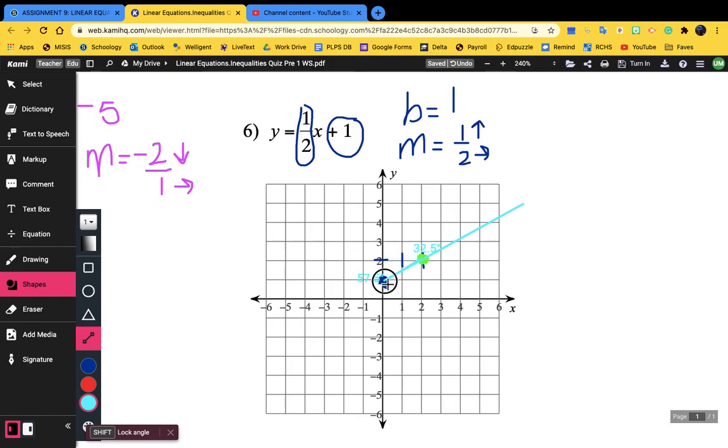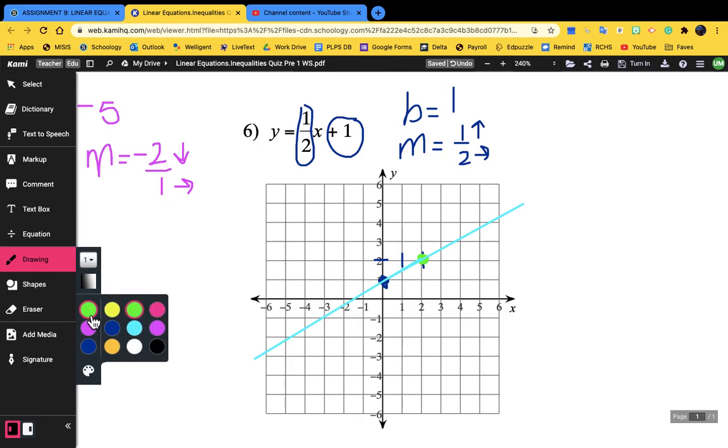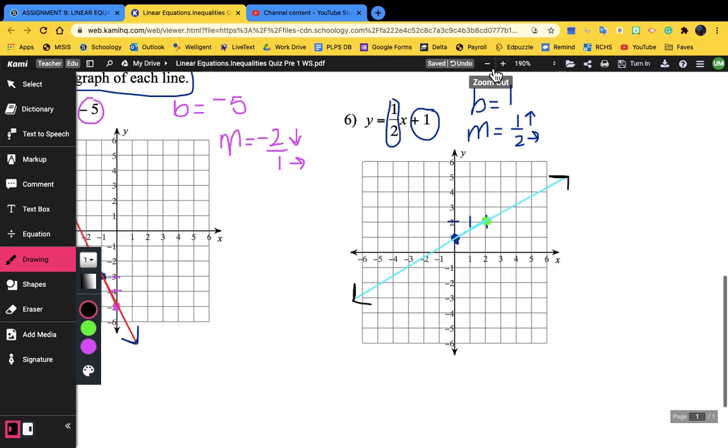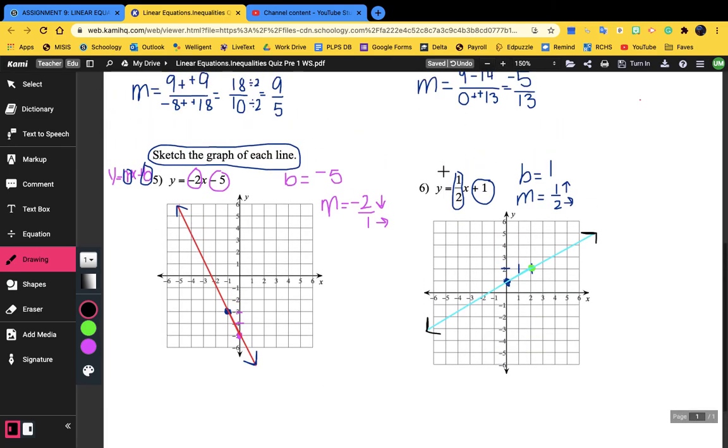And from my green, I'm going to drag all the way through to my dark blue. I'm going to go back here to drawing, and I'm going to pick black. I'm going to do arrow, arrow, arrow, arrow. And look at that. I have drawn my graph.